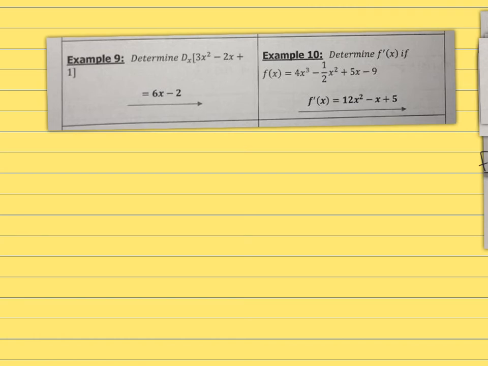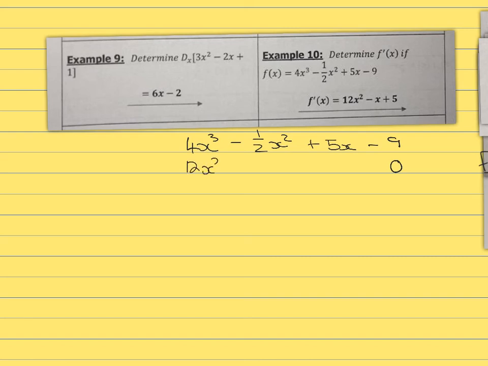The next one, determine the derivative of fx if fx is, and let's quickly write it down, 4x to the power 3 minus a half x squared plus 5x minus 9. Okay, the 9 we know will be 0 because there's no variable. Let's start at the front. 4 times 3 is 12.